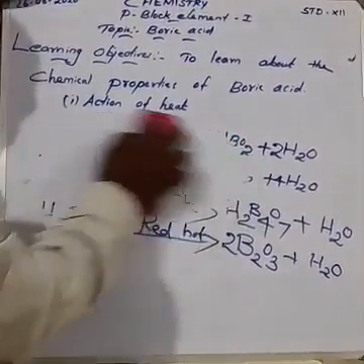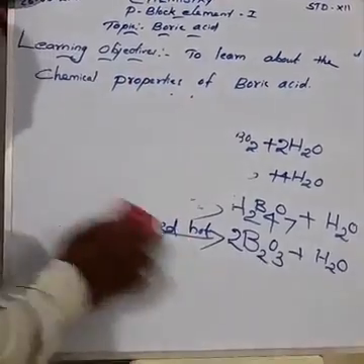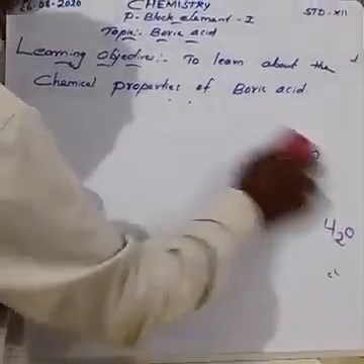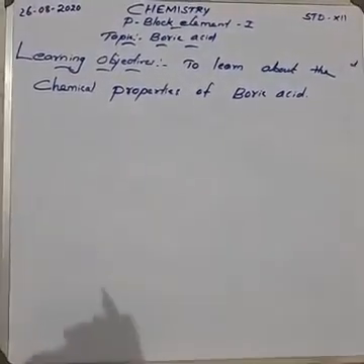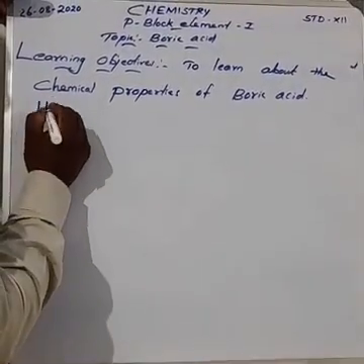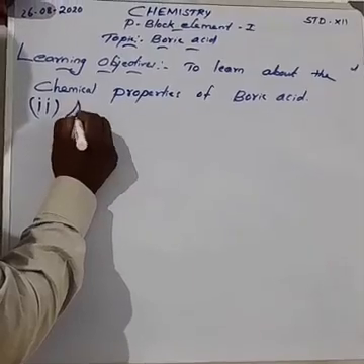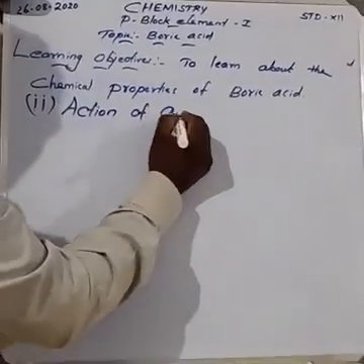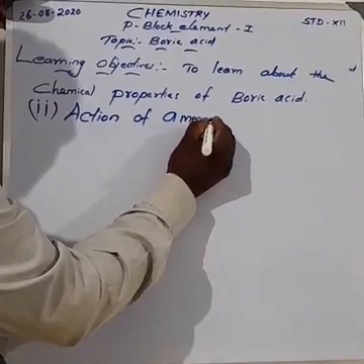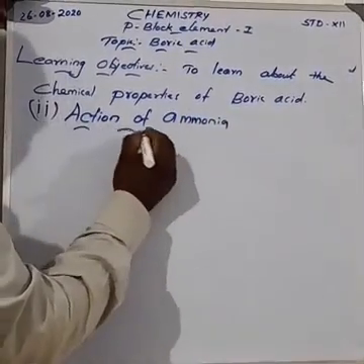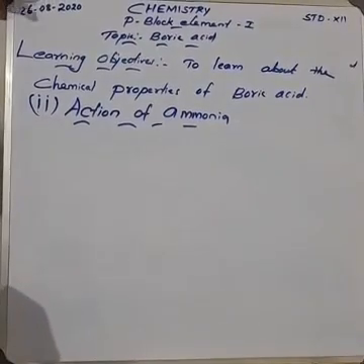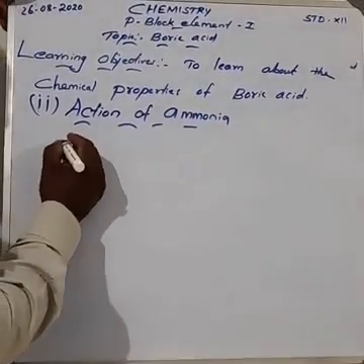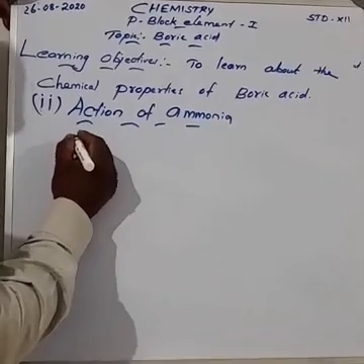The second chemical property is action of ammonia. Here, the boric acid on heating with ammonia: what is the formula for boric acid?